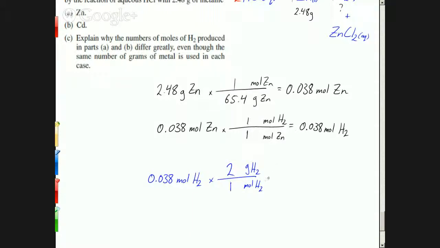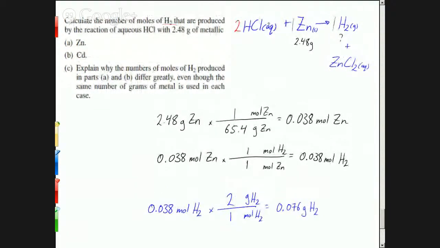So that's 2 grams per mole. That means that we would expect to make 0.076 grams of H2 in this reaction. So that initial 2.48 grams of zinc, if it's reacted with all of the HCl that it needs, will end up producing 0.076 grams of H2.